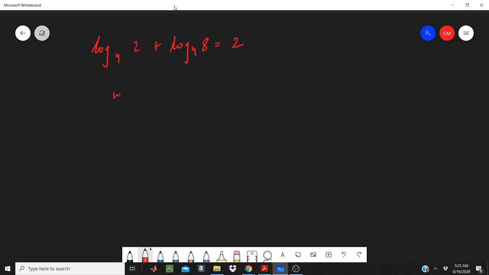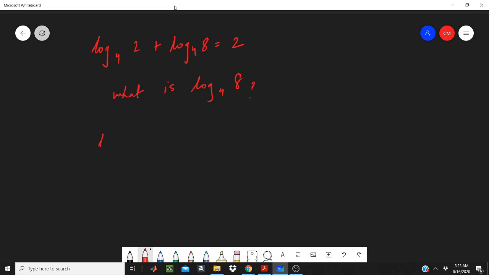Now if I ask you what is log base 4 of 8, you know it's some number because the logarithm computes the power. So how would you compute log base 4 of 8?